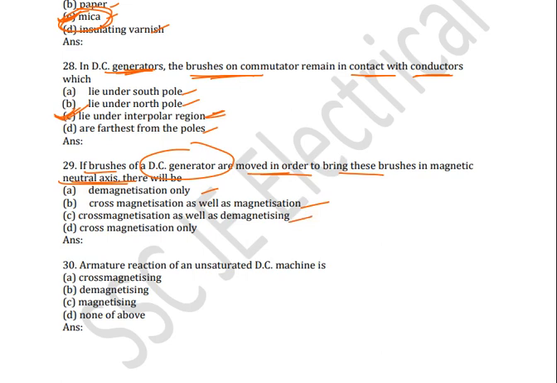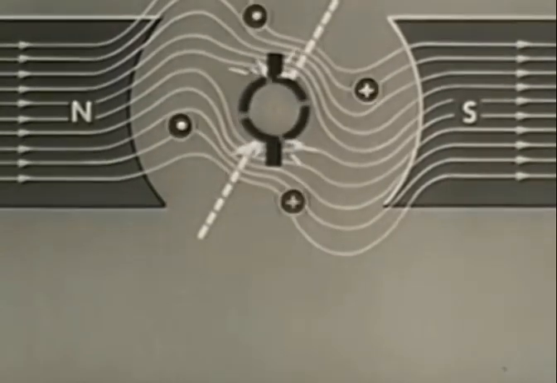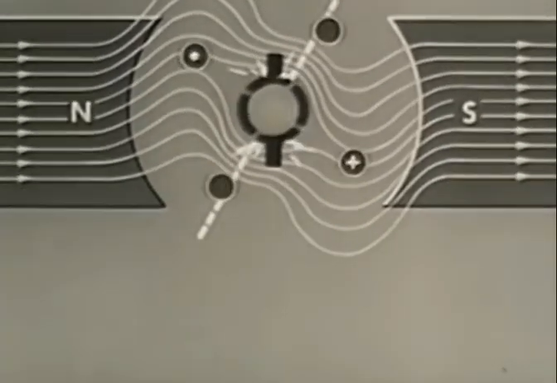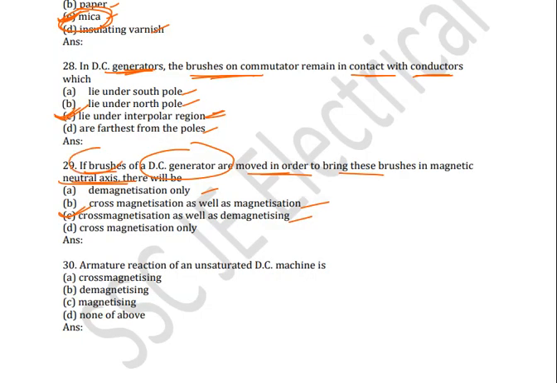The correct answer is cross magnetization and demagnetization. Practically you can see it like this. So if the brushes are moved to the magnetic neutral axis, cross magnetization as well as demagnetization occurs. Hope you understood. Next one.